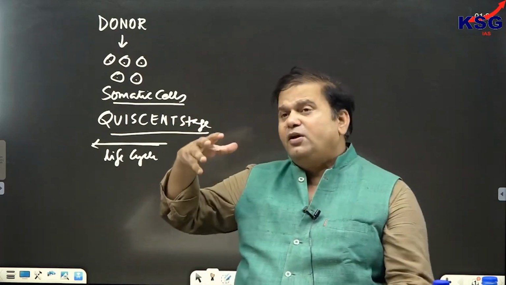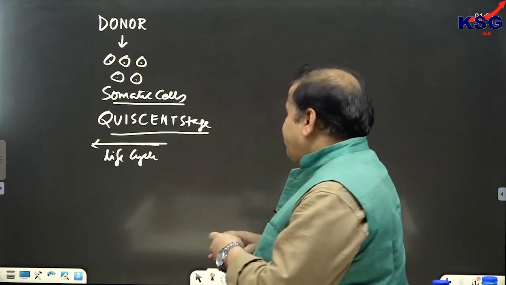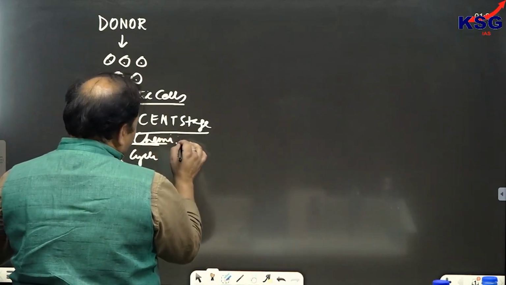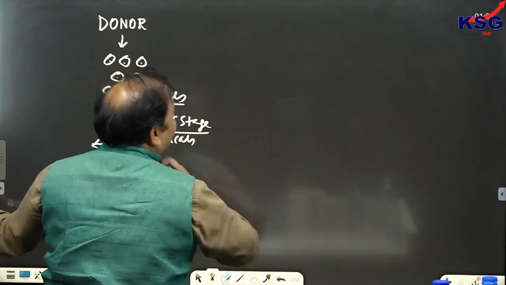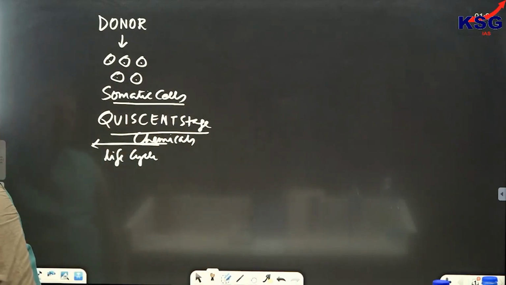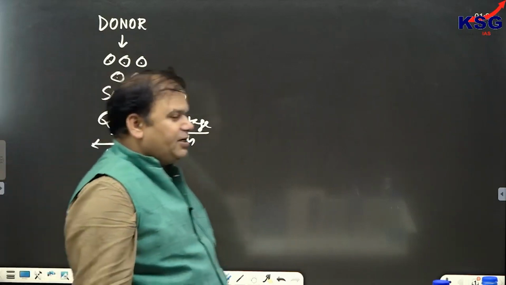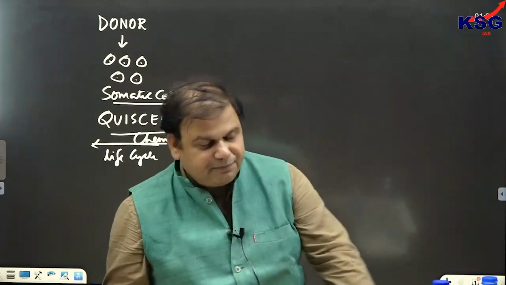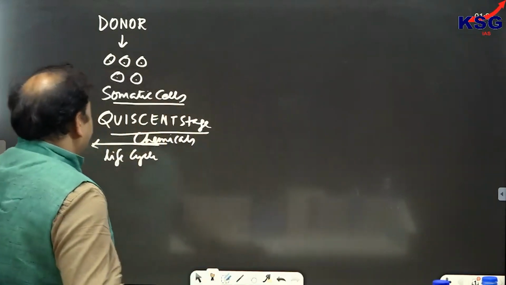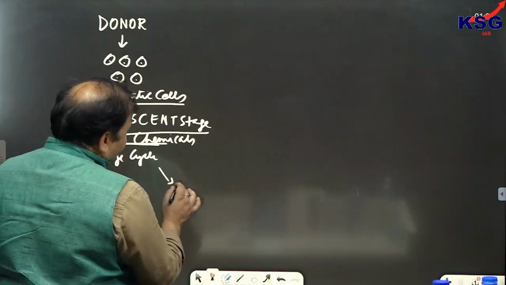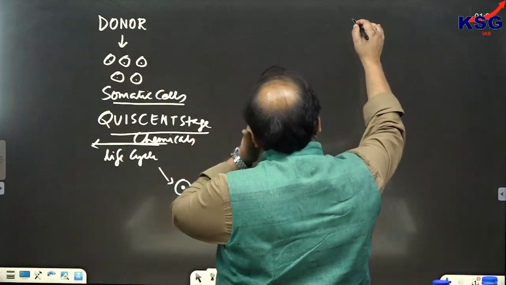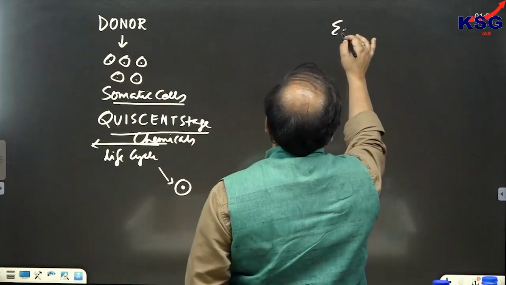But if we give them chemicals, with the help of chemicals these cells can also be sent back in their life cycle. So in 1996, when the first experiment of cloning was conducted at the Roslin Institute, a sheep called Dolly was born by this method. After this, we select one cell. This is the somatic cell. On the other hand, we get an egg from the egg provider.